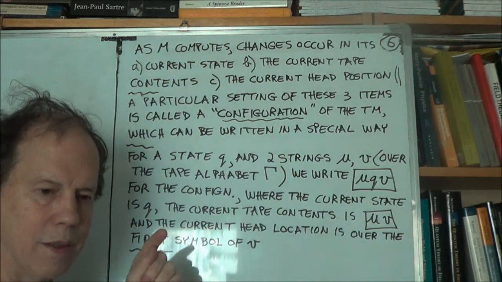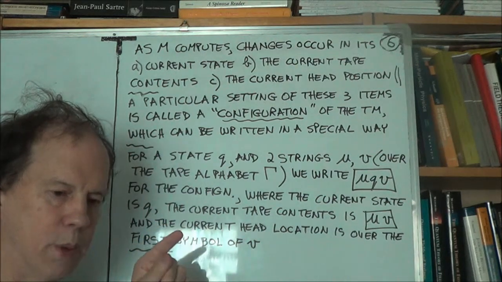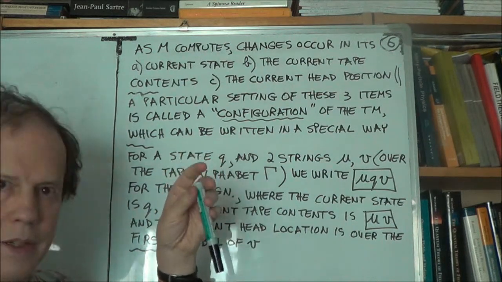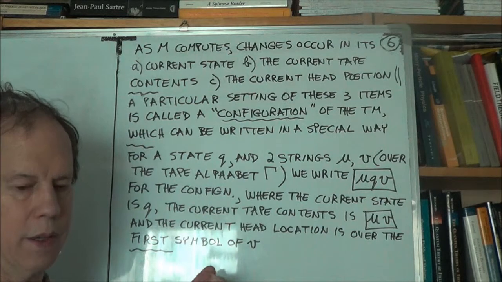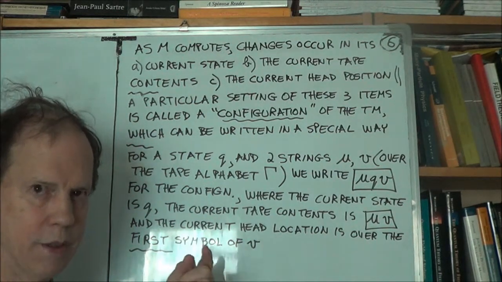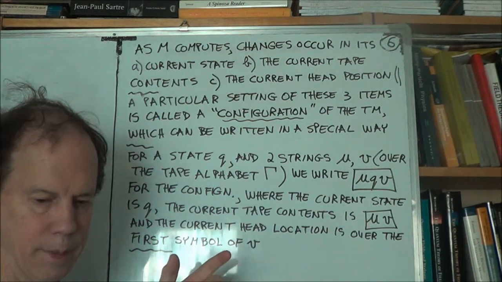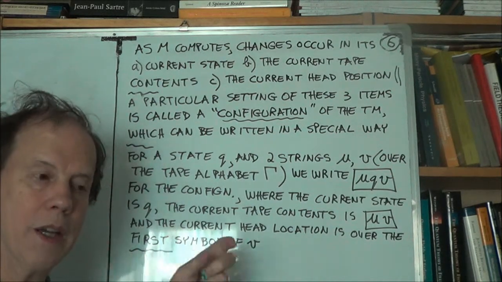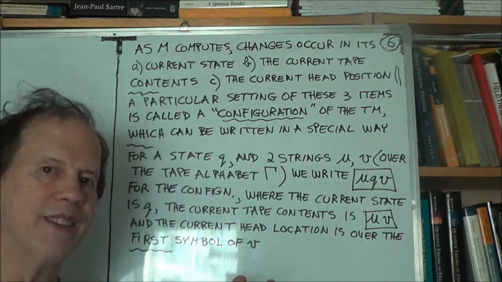It reads the contents, the symbol in the square over which the head is placed. So it gets those two bits of information, the current state and the current tape square contents, the symbol. And using those two, it consults its transition table, its transition function, to find out what its next move is, what its next step is.